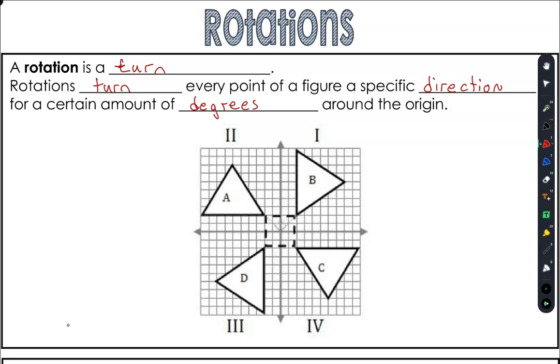So this is the origin right here in the center, (0, 0).